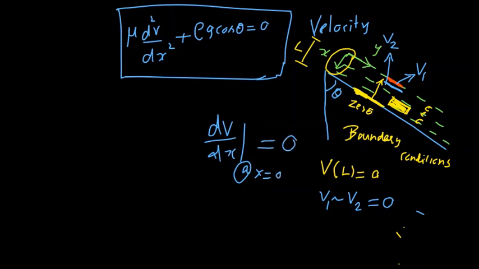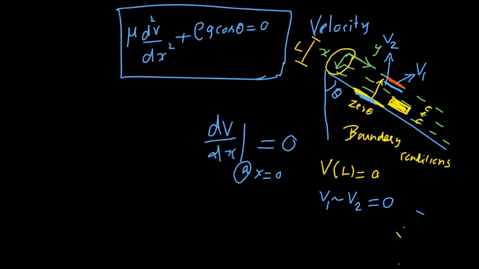Before we get to the first step of solving the governing differential equation, I have to tell you that the velocity at the point x is equal to L, at this particular region, is going to be 0, and dv by dx, the rate of change of velocity at the point x is equal to 0, is going to be 0, because the velocity gradually increases as you progress towards the top surface.